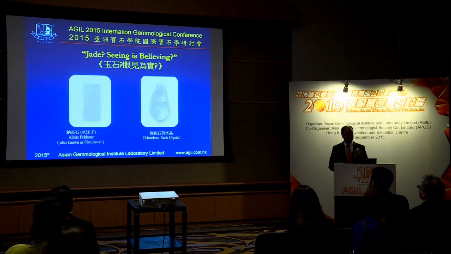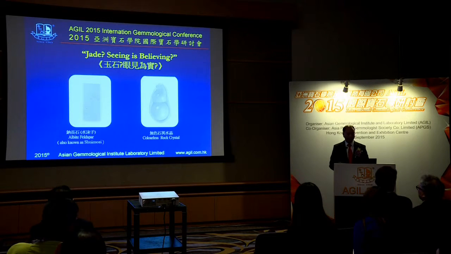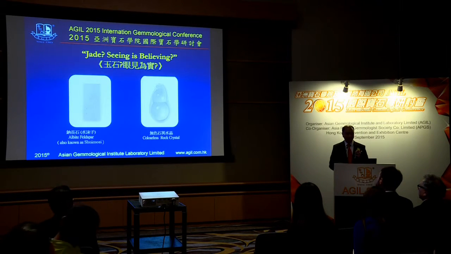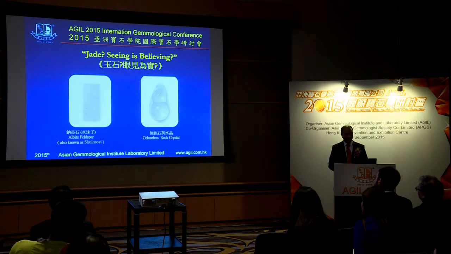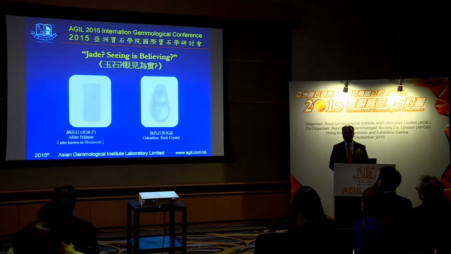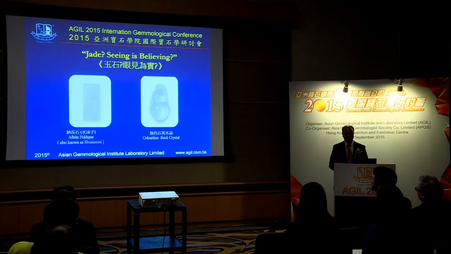Now on the left-hand side is a near transparent, near white albite feldspar. On the right-hand side is a near colorless rock crystal. Now look at the next slide.